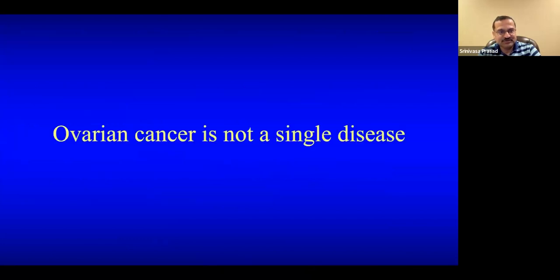And we all know that ovarian cancer is not a single disease, but from a management standpoint, almost all of them are managed as if it is one single disease.